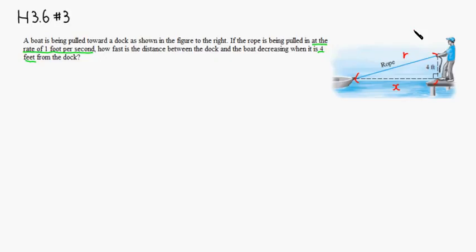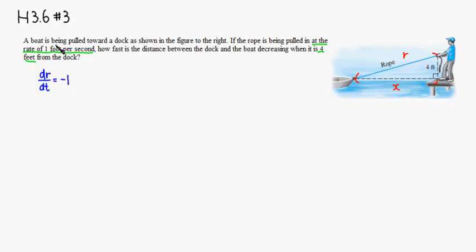Then let's try to identify what's given. At the rate of 1 foot per second, the rope is pulled in, so the length of the rope is decreasing at that rate. So this is given: the rate of change of the length of the rope with respect to time is decreasing, so dr/dt is -1 foot per second.